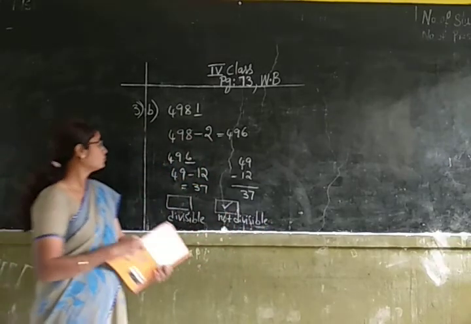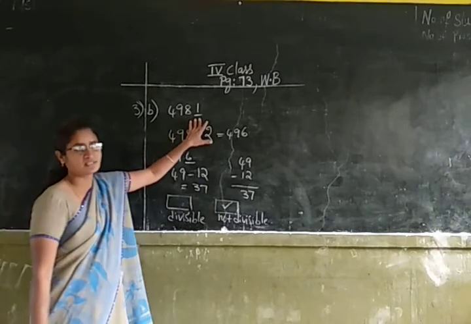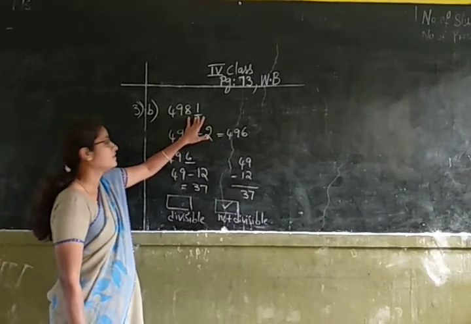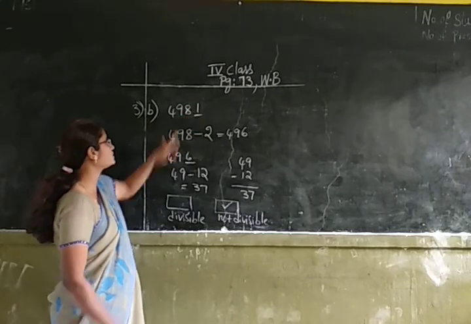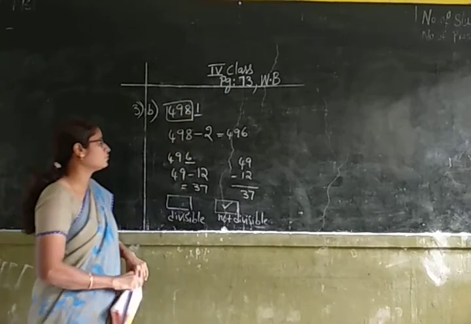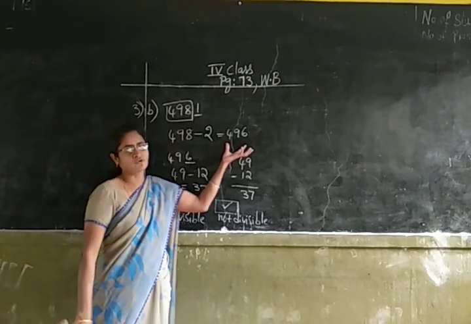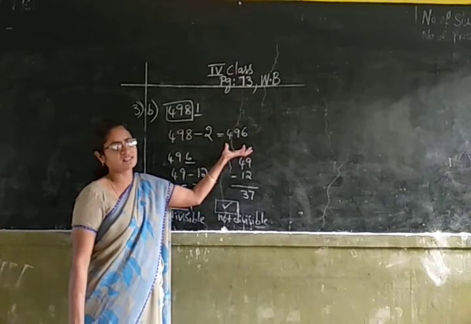Okay children, first what I have done, I have doubled the last digit. The last digit is 1. When we double it, it will become 2 and I subtracted it from the remaining digits, which is 498. I got 496. I can't say whether 496 is divisible by 7 or not.